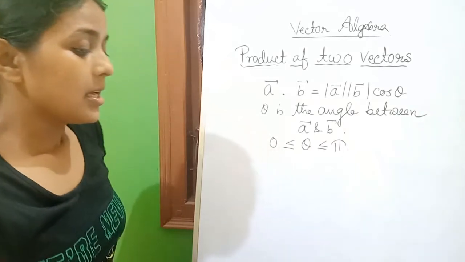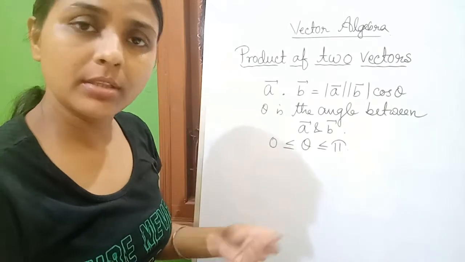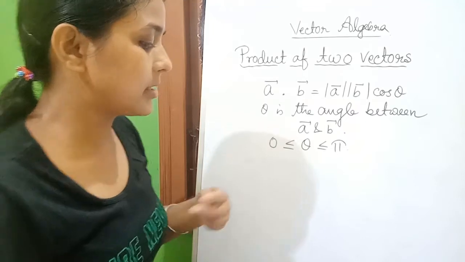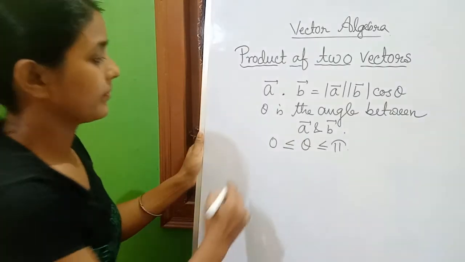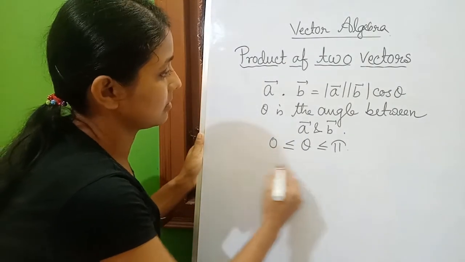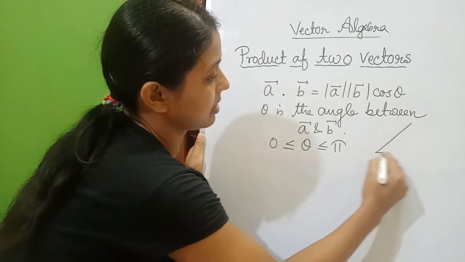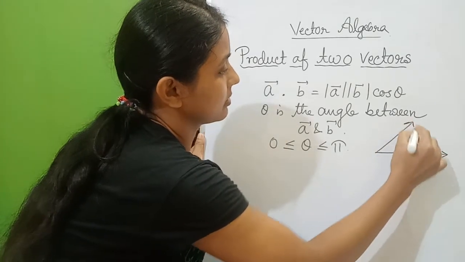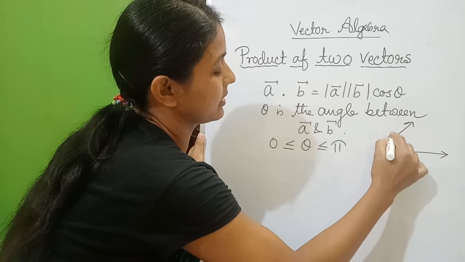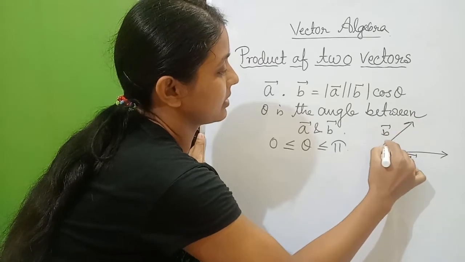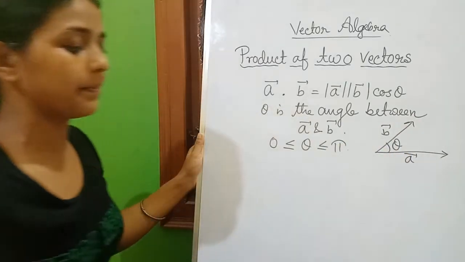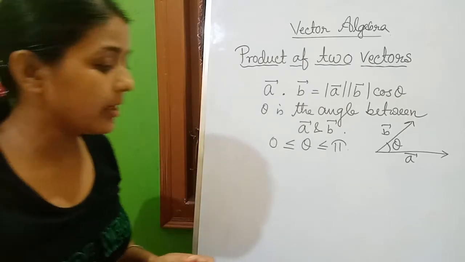Okay. In your book the figure is given. Still I am drawing the figure here. Suppose this is A vector, this is B vector, this will be theta. Okay.